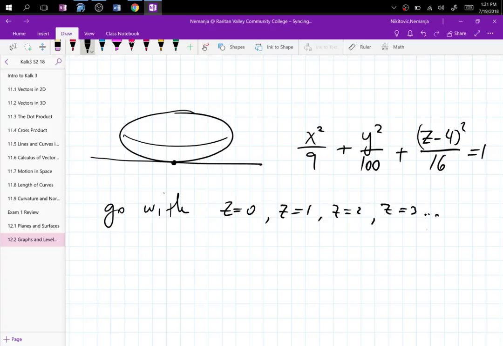And what you are going to get is a point, and then an ellipse, an ellipse, an ellipse. And then they're going to go to the fattest part of the watermelon, which is the equator, right? And then they're going to shrink back into a point. And then if you use a z that you are not allowed to use because you went over the watermelon, you're going to start getting nonsense, right? Because you will not be able to compute things. And those will not be equations of ellipses anymore.